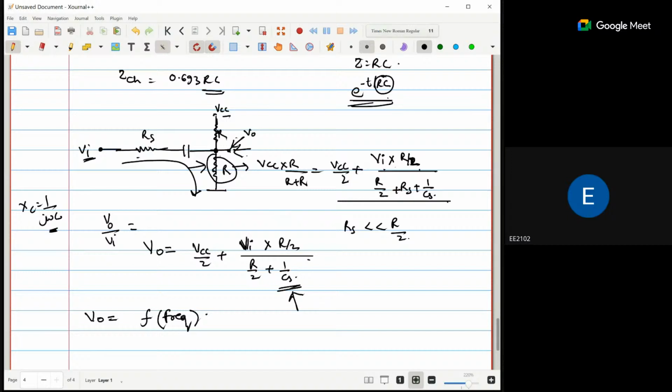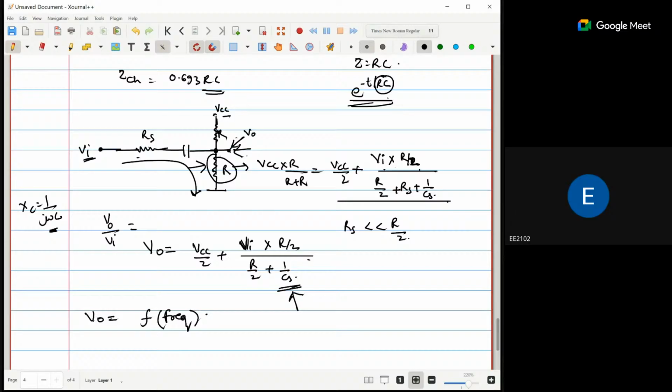If XC is infinite, no current will pass. So that capacitor will ensure that no DC component will pass from the input to the operational amplifier. Only the AC signal will be passed from the input to the operational amplifier. So this capacitor ensures only AC coupling is done at the input of the operational amplifier. That's why it is called the AC coupling.